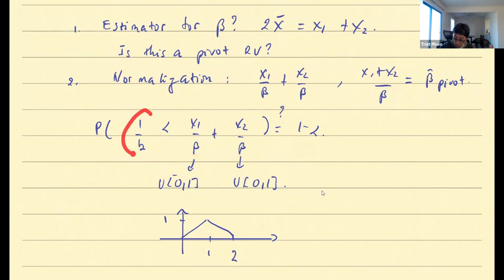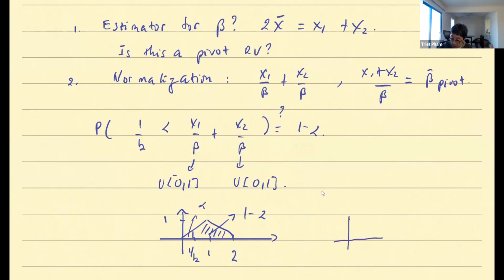It's asking you to locate 1 over k. 1 over k is somewhere here, so that the area to the right is 1 minus alpha. And this can be solved geometrically. You just look at the area. By the way, that means the area to the left is alpha.